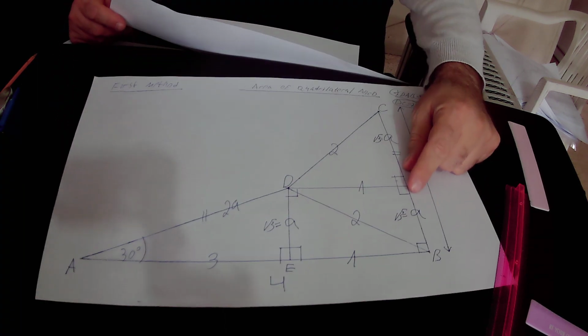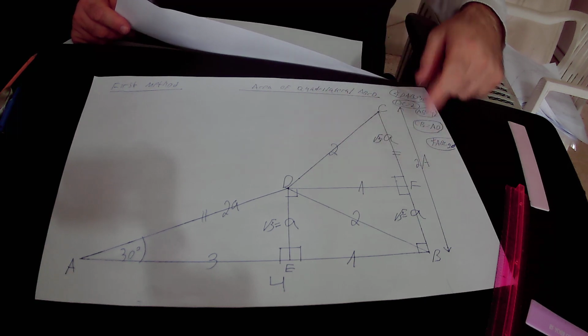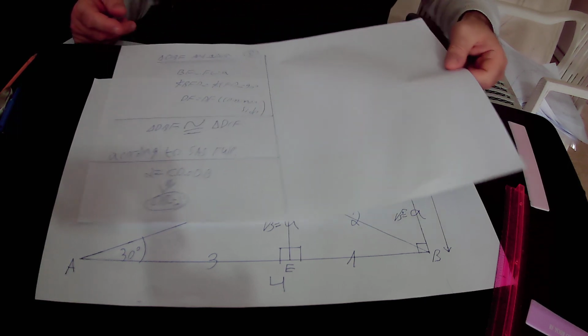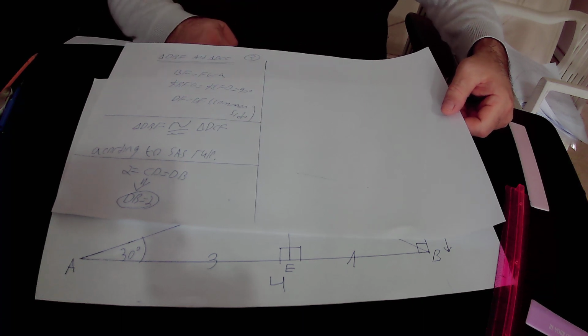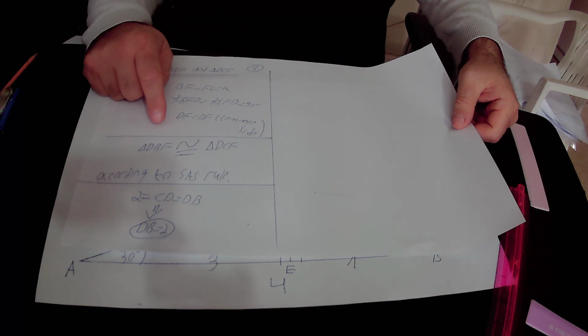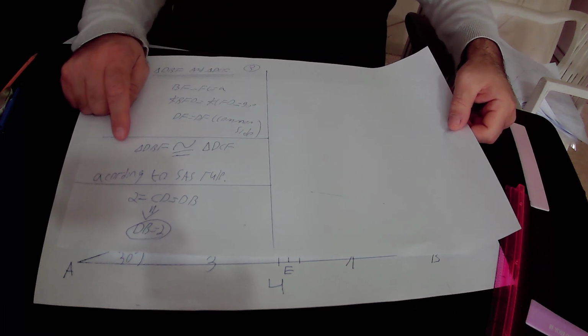Those two angles are right angles, therefore they are equal to each other. And we also have a common side: DF equals DF is a common side that belongs to both triangles. So we proved that triangle DBF can go into triangle DCF according to the side-angle-side rule.